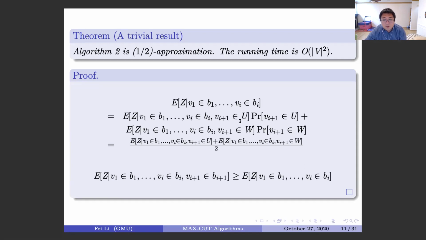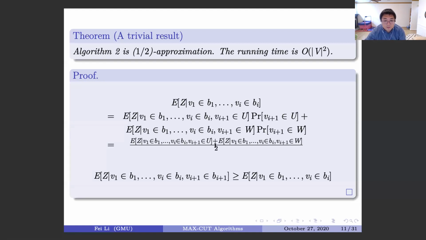In the first randomized algorithm, this probability is just a half, and this probability is also a half. So we have the expected weights of the vertices V1 to Vi, assigned to the vertex sets B1 to Bi, right?